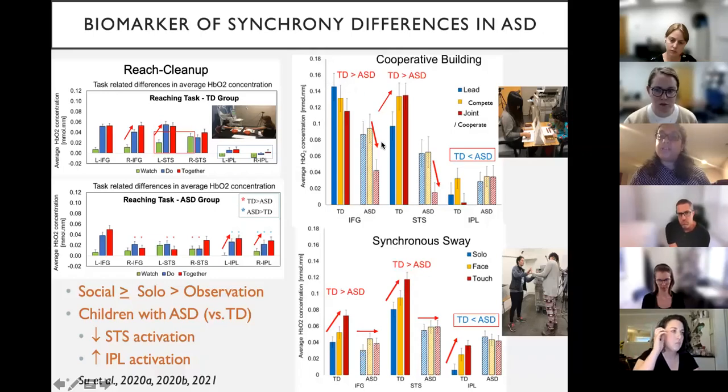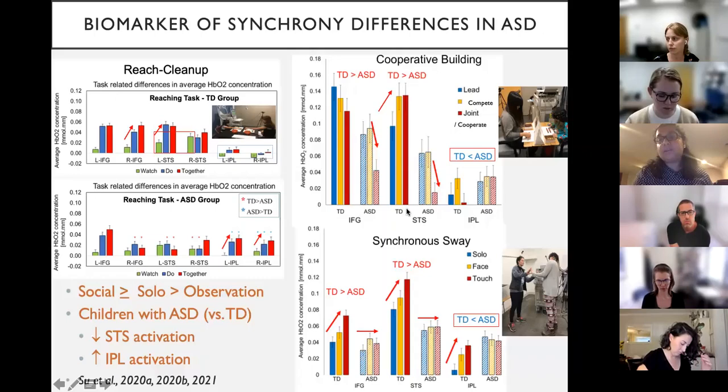What you see in children with autism is overall less activation, but you also see context-related changes, which means when they engage in joint or cooperate, they actually show less activation. They show more social awareness and activation in the lead and compete conditions.